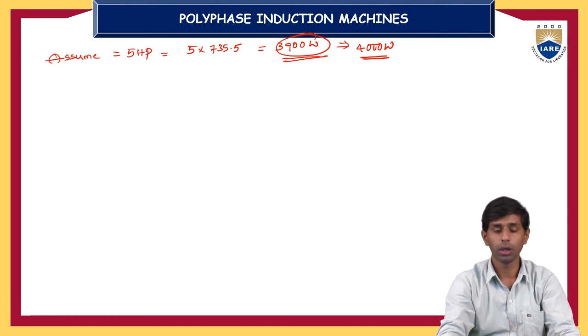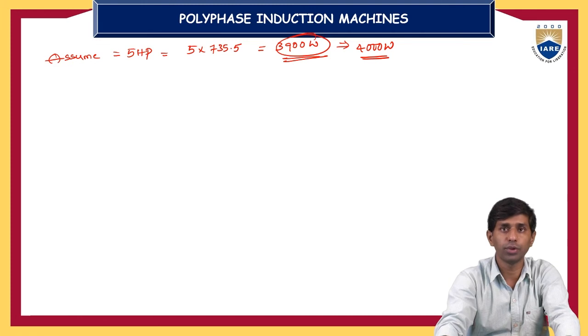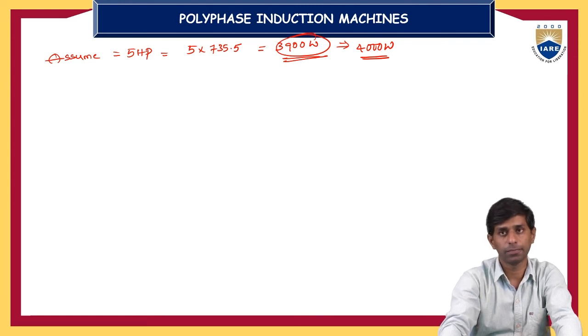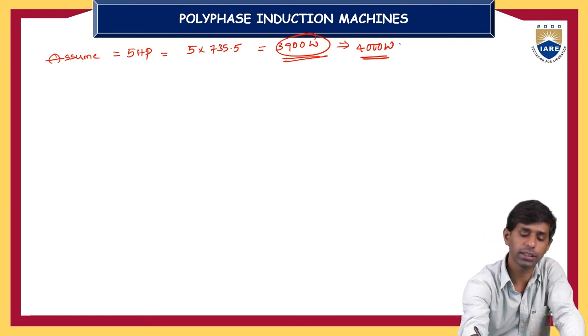Assume it is 5 HP and the equivalent wattage is around 4,000 watts. So why am I assuming this 5 HP rating machine? To find the power scale, for example. So this is 4,000 watts.